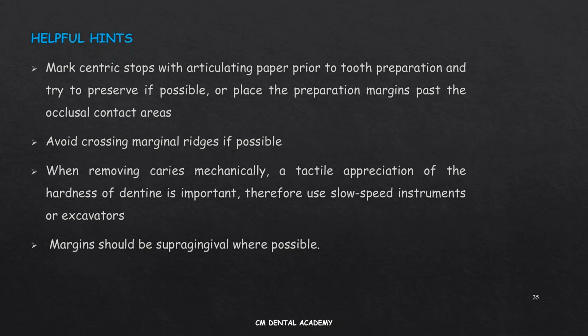It will help to preserve them if possible, or place the preparation margins past occlusal contact areas. Avoid crossing marginal ridges when removing caries mechanically. Tactile appreciation of the hardness of the dentine is very important, so always use the instruments at low speed. Margins should be supragingival wherever possible.